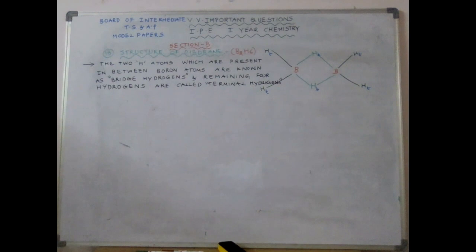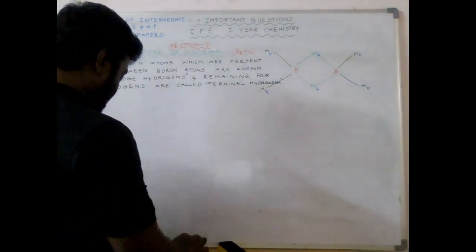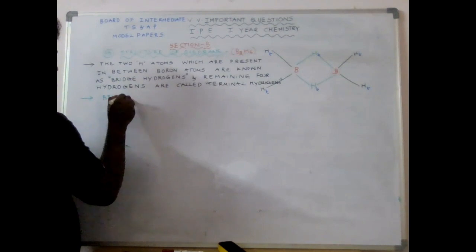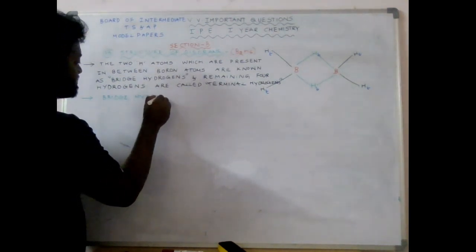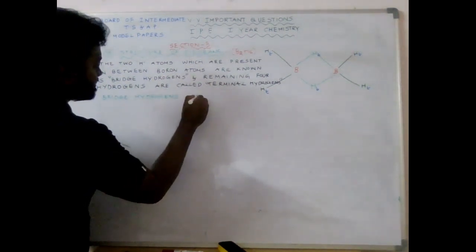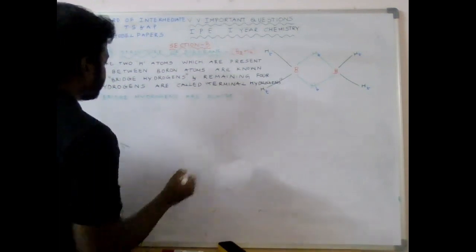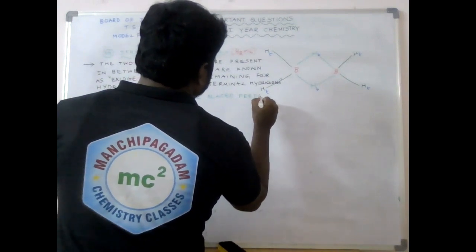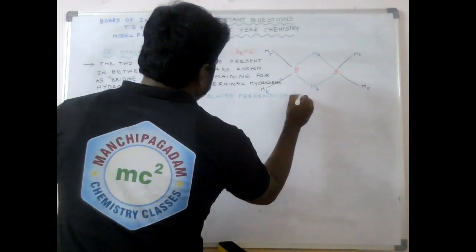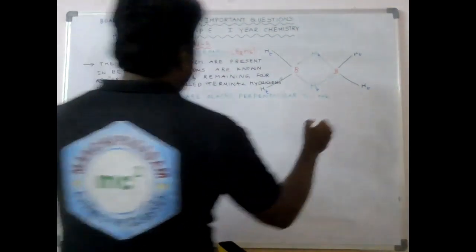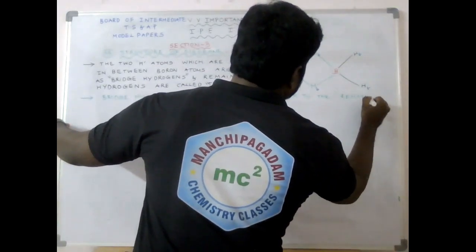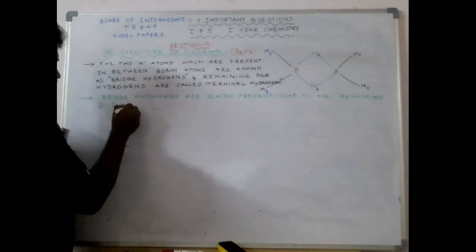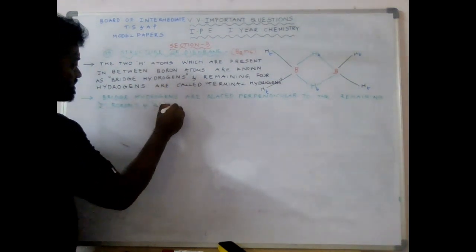You can write the next point: bridge hydrogens are placed perpendicular to the remaining two boron atoms and four hydrogens.